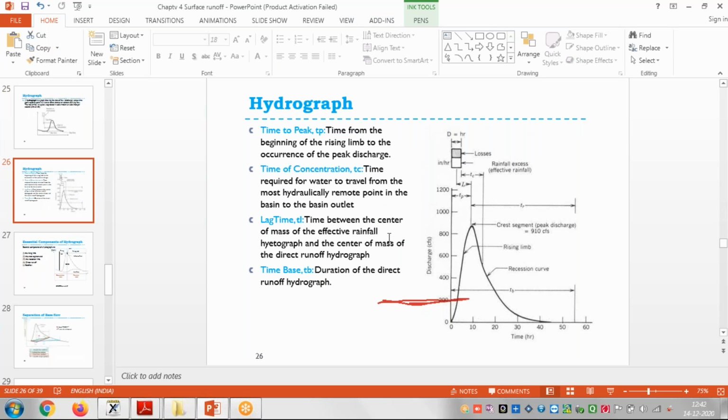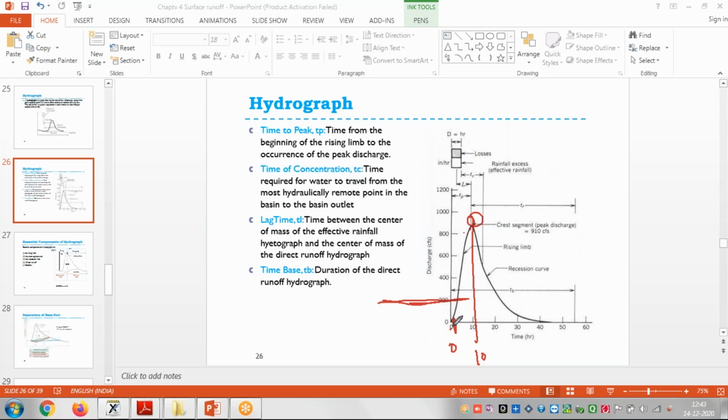Now, what is this? This is time to peak. Time to peak means from the point where the rainfall started and runoff started, say after 10 hours, from 0 hours to 10 hours, the flowing discharge was at the highest peak, right?